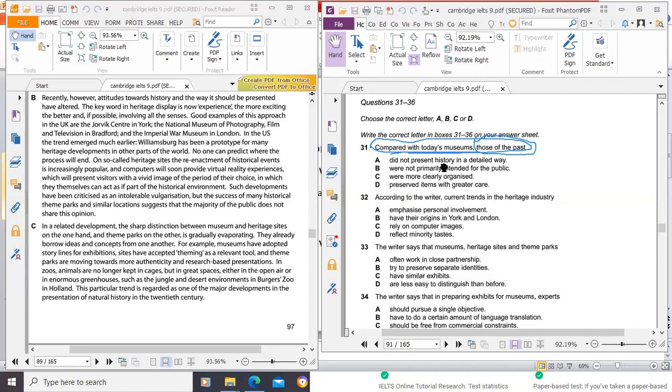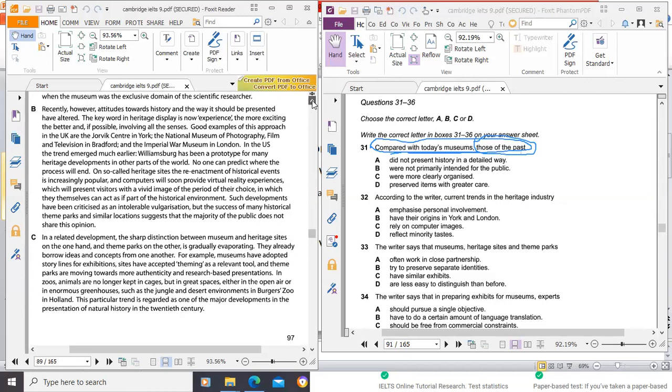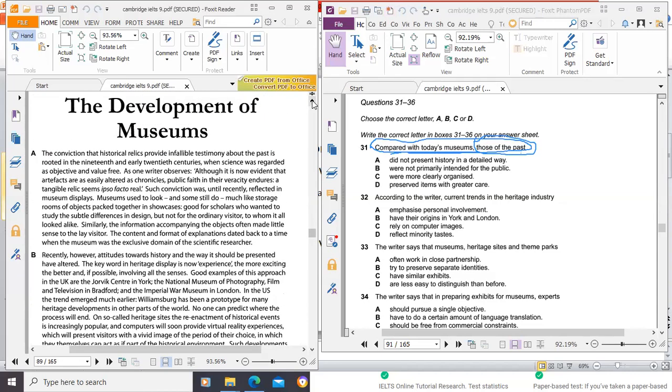So now, compared with today's museum, those of the past are blah, blah, blah. I would rather go up. And I'll make some notes there. The conviction that historical relics provide invaluable testimony about the past. I'm looking for the past.